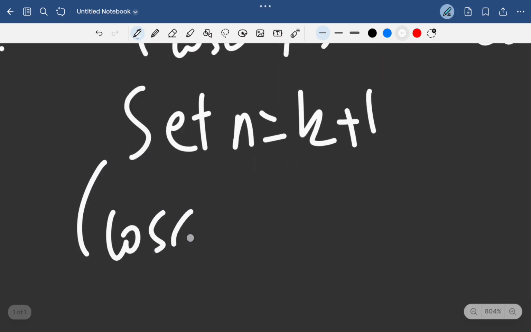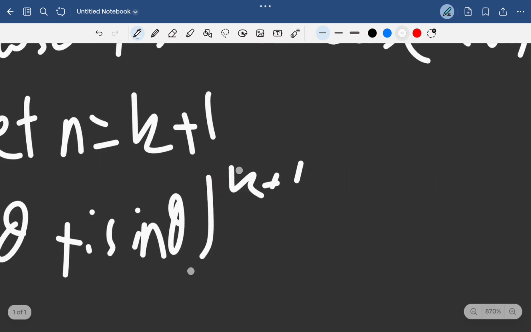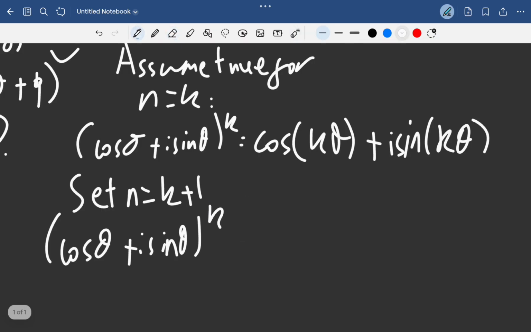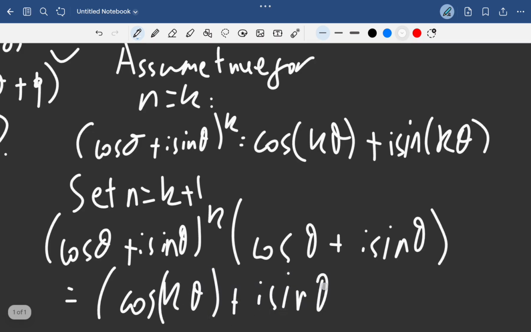This is cos theta plus i sine theta to the k plus 1. And in induction proofs, you always use the n equals k part. A way we can involve this is we break the k and the plus 1 apart. So we'll have this to the k times cos theta plus i sine theta. And this is just cos k theta plus i sine k theta multiplied by cos theta plus i sine theta.